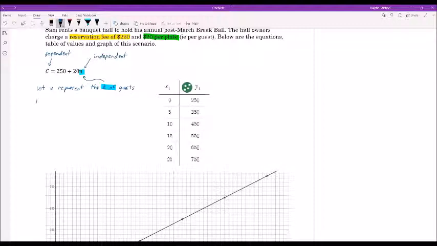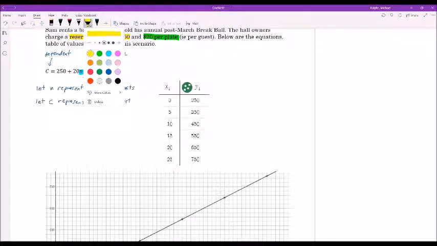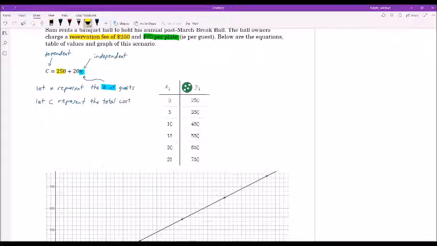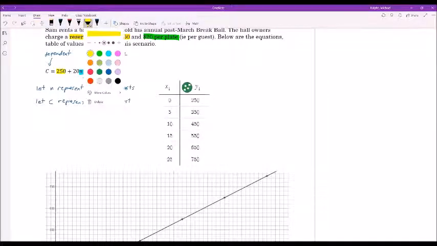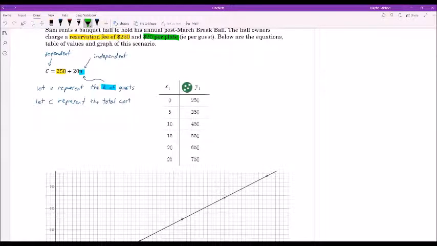In the next statement, we can say let c represent the total cost. It's important to say total cost in this statement, because we do have a reservation fee, like we've stated here. There is a reservation fee of $250, and in addition to that, we have $20 per plate.